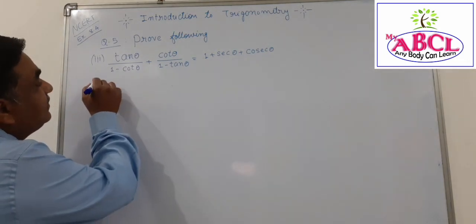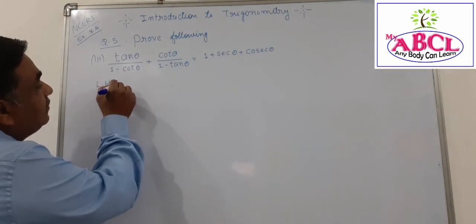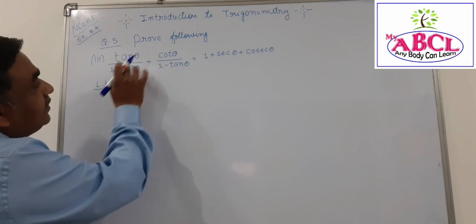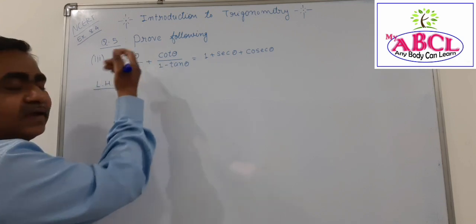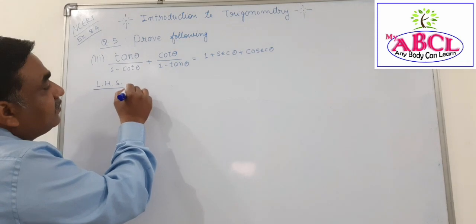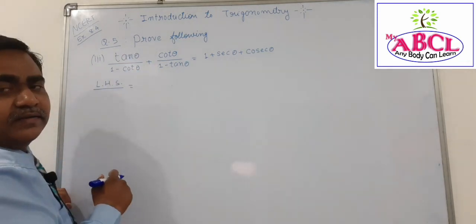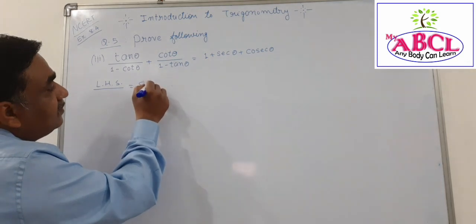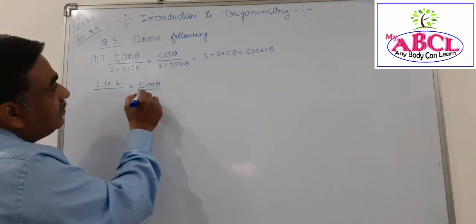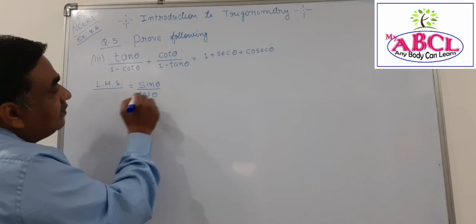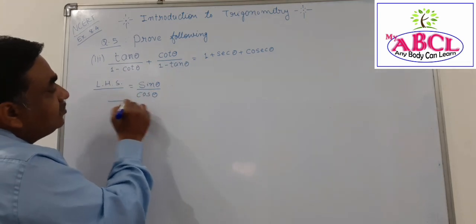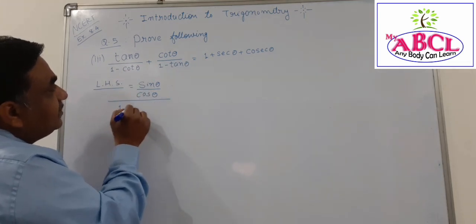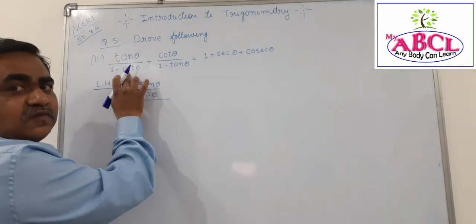So our left hand side is tan theta upon 1 minus cot theta. I am directly converting it into sine and cos. For tan theta I can write sine theta upon cos theta, and in the denominator 1 minus cot theta, where cot theta is cos theta upon sine theta.